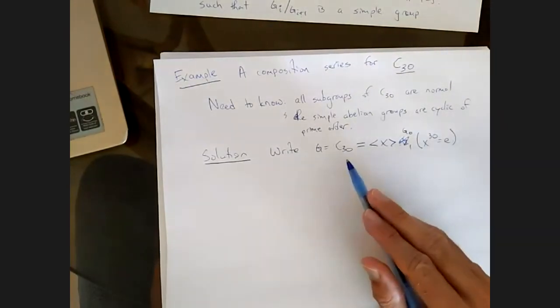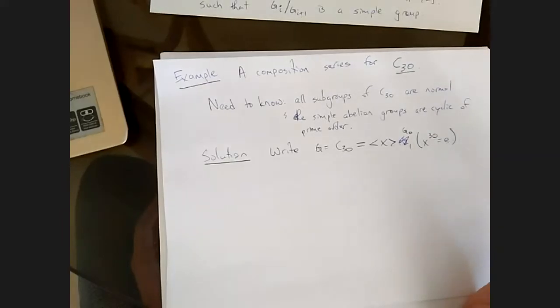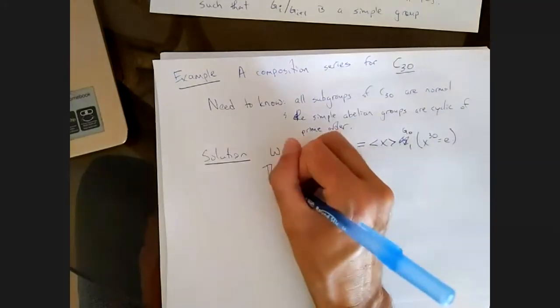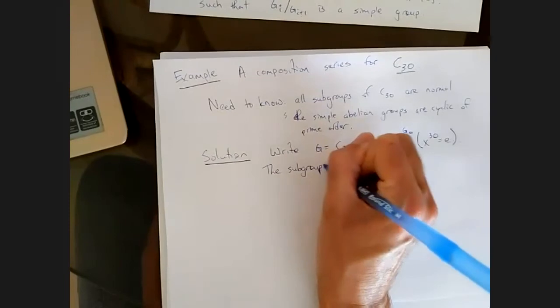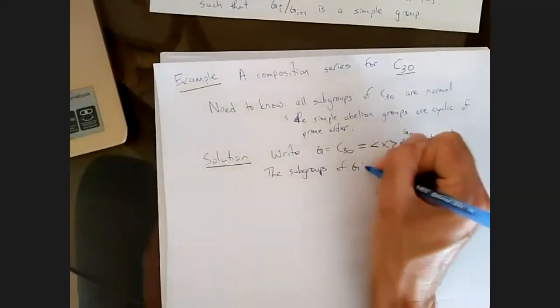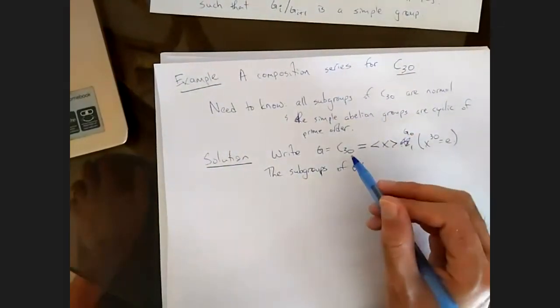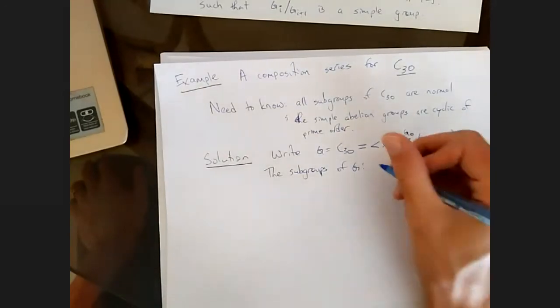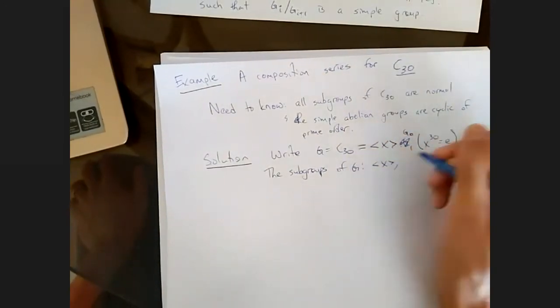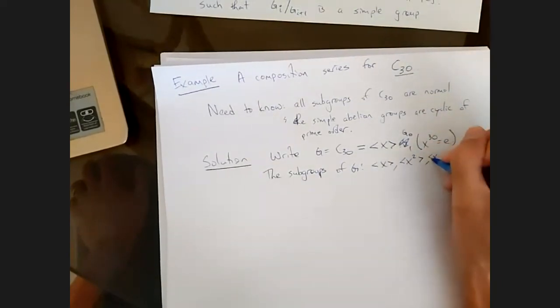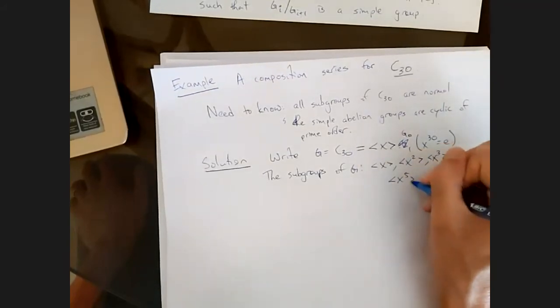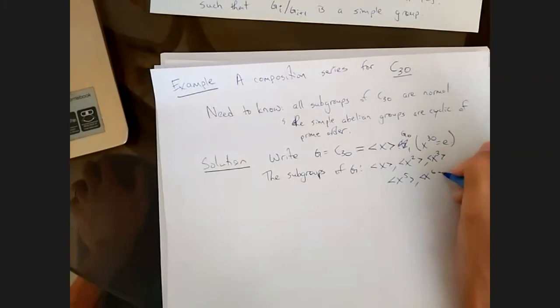G itself is not a simple group. It has a bunch of subgroups. Here are some of them, the subgroups of G. Well, they just correspond to the divisors of 30. So you have the subgroup generated by X, by X squared, by X cubed, by X to the 5th, X to the 6th.